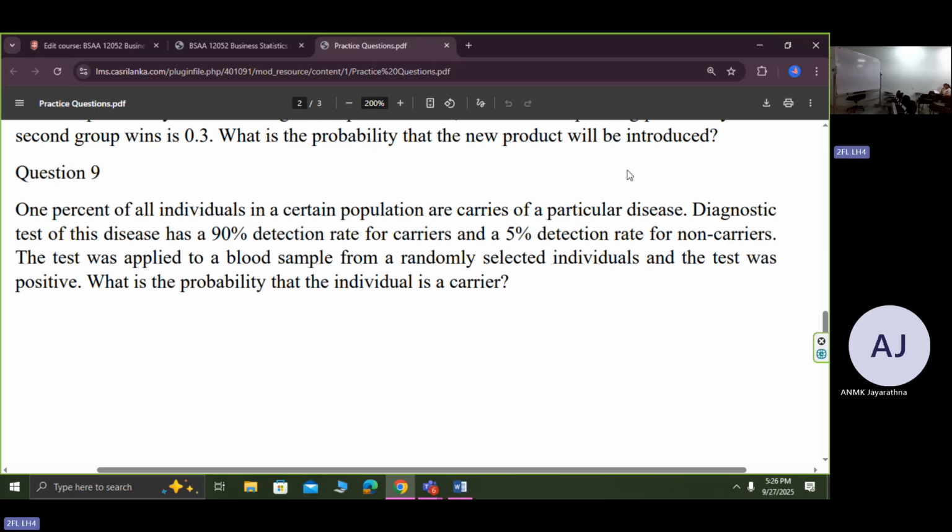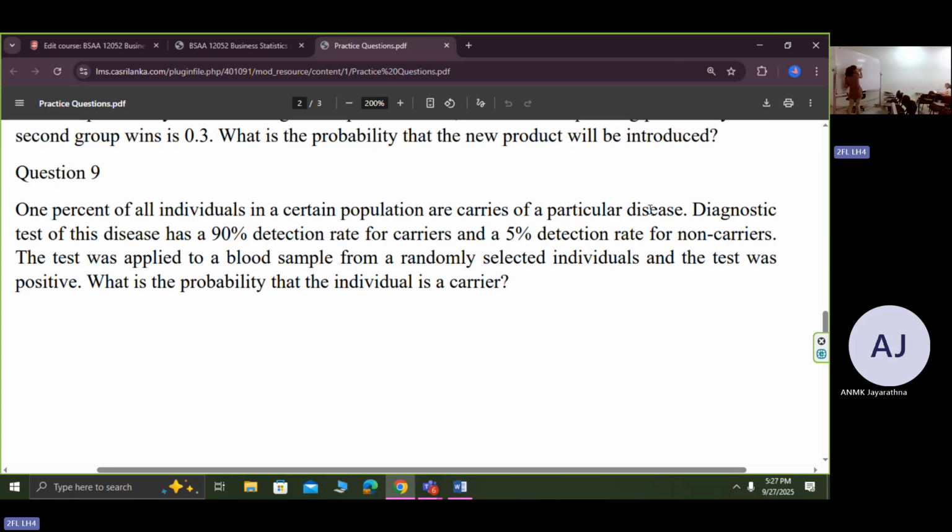Then here they identify carriers and non-carriers. Okay, then 1% carriers here, 99% non-carriers. Then they check the blood sample.